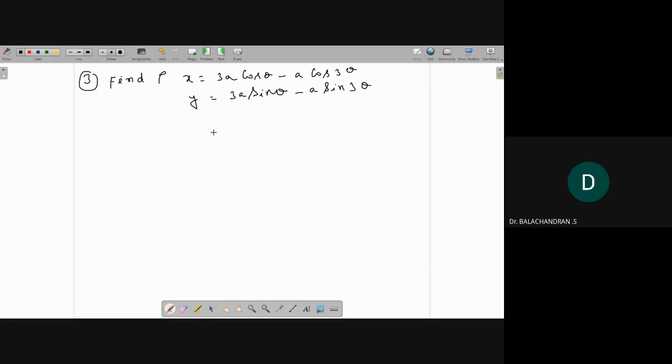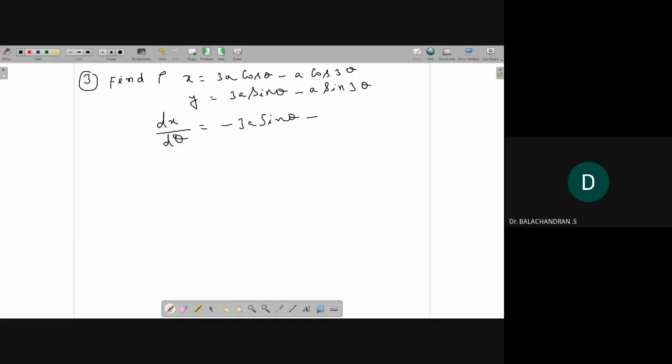So dx by d theta, if you differentiate with respect to theta, I'll get minus 3a sin theta. Differentiate cos 3 theta, you'll get minus sin 3 theta into 3.